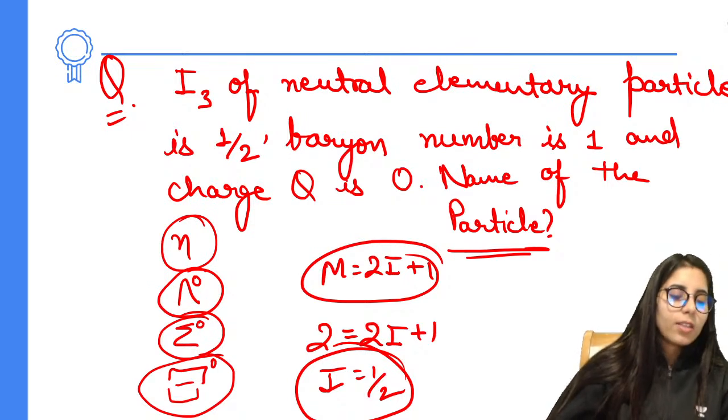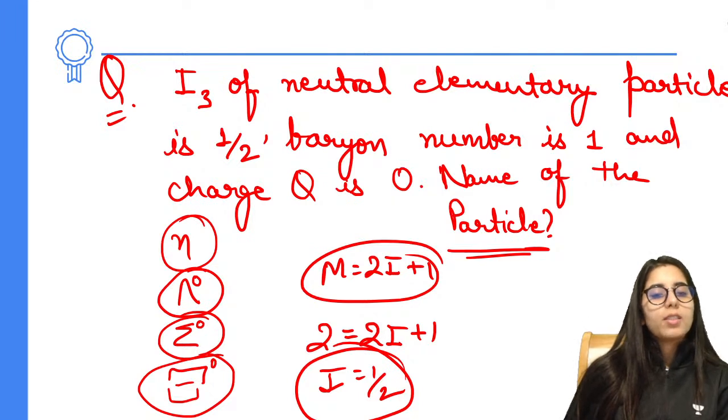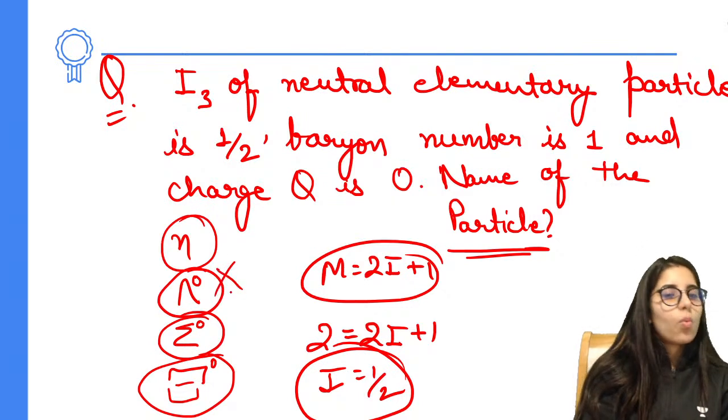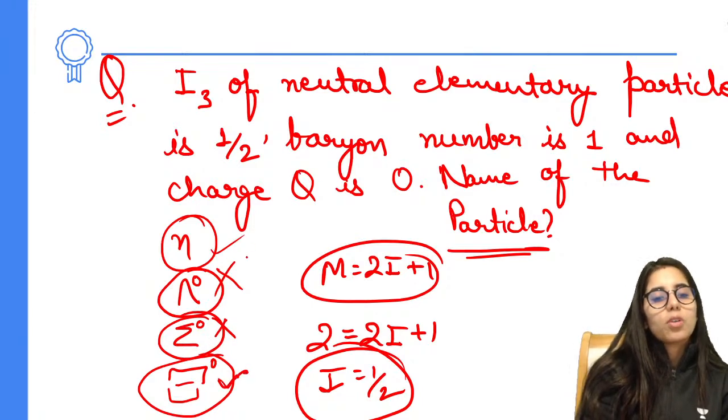Now, the multiplicity of that particle must be 2. Does lambda naught have multiplicity 2? No. Neutron, yes. Sigma naught? No. Cascade, yes. So the possibilities are cascade and neutron.